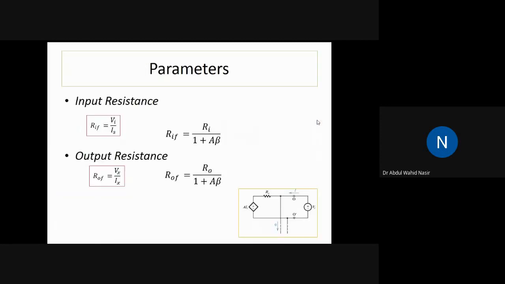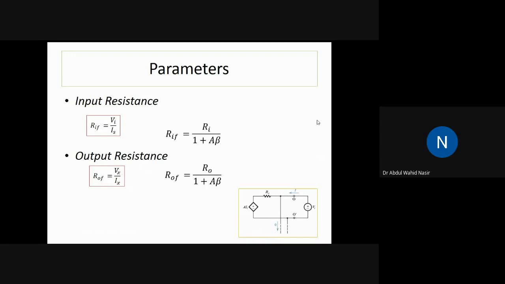Clear? For a trans resistance type of amplifier, the input resistance should be low and the output resistance should also be low. Without feedback, we have the input resistance Ri.